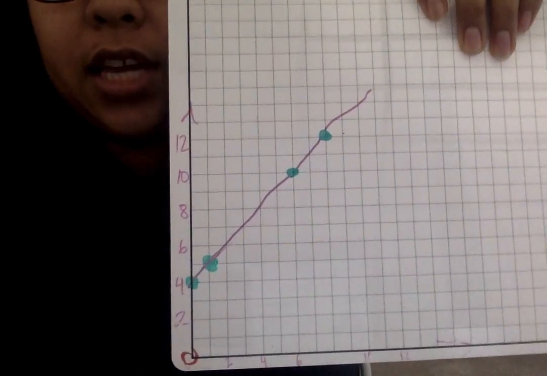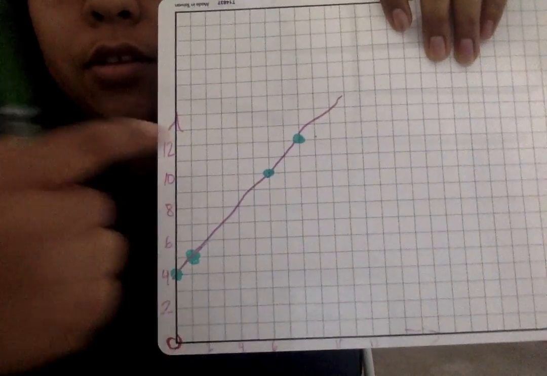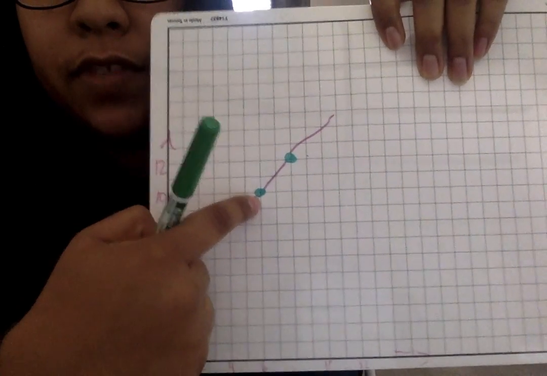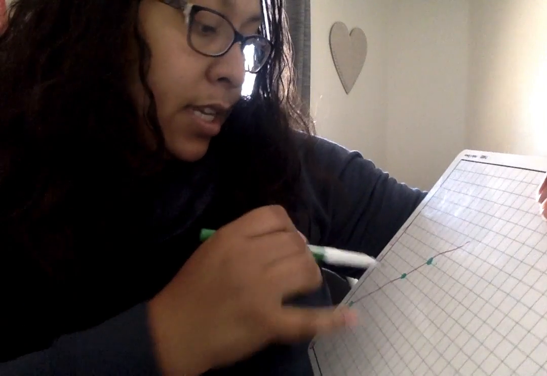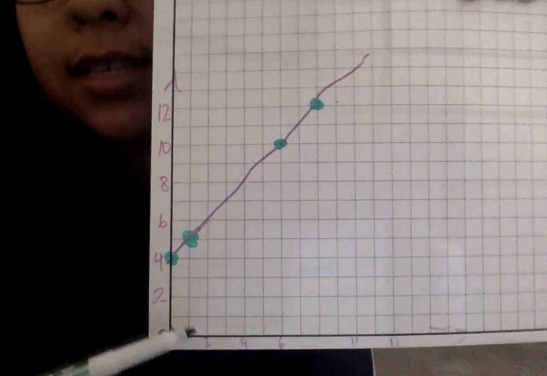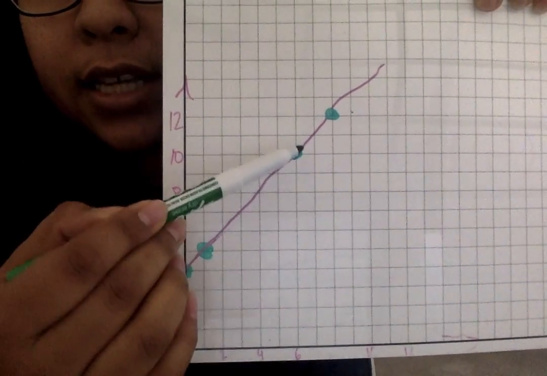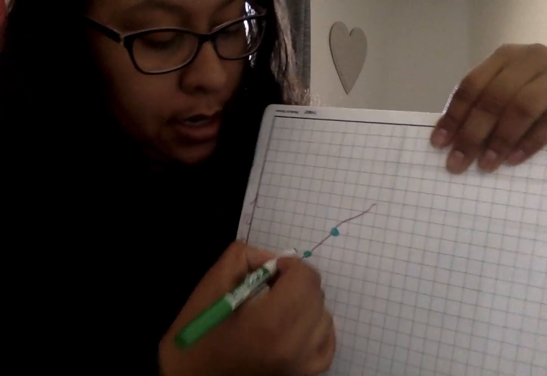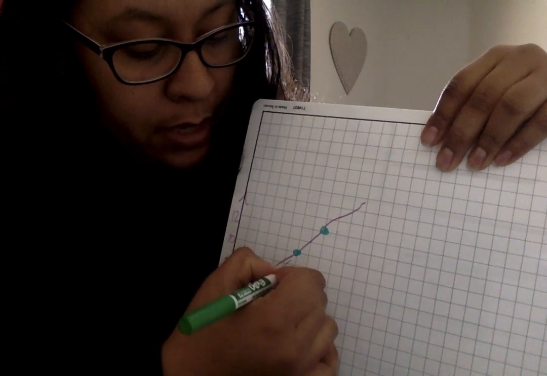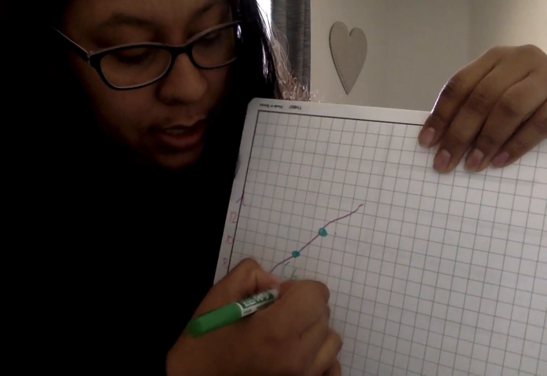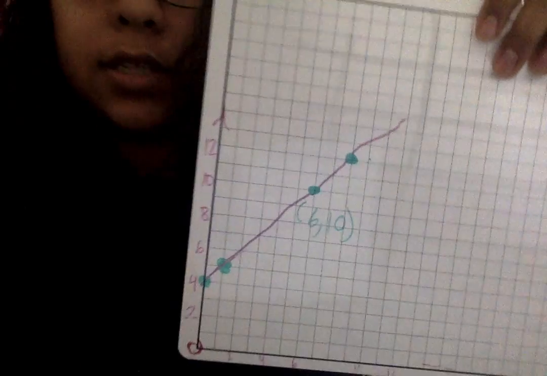Any 2 points, okay? So that means I need to find the coordinate pairs of this point. That looks like 6 on the x-axis, 10 on the y-axis. So my coordinate pair for this point would be parenthesis 6, comma 10, parenthesis.